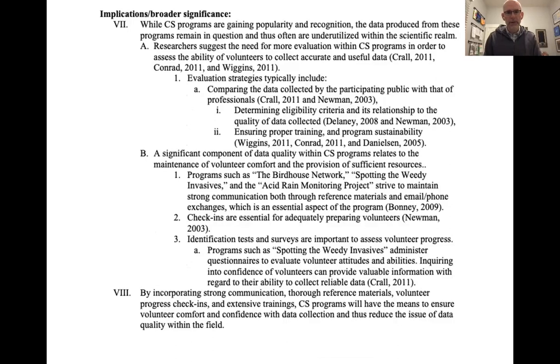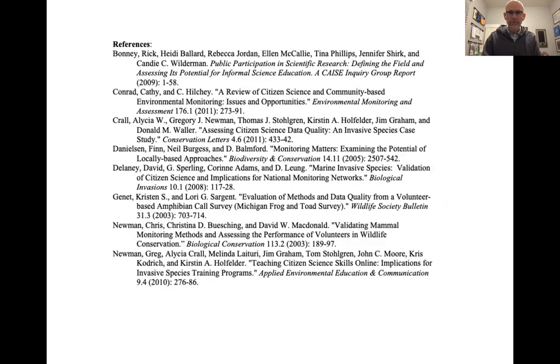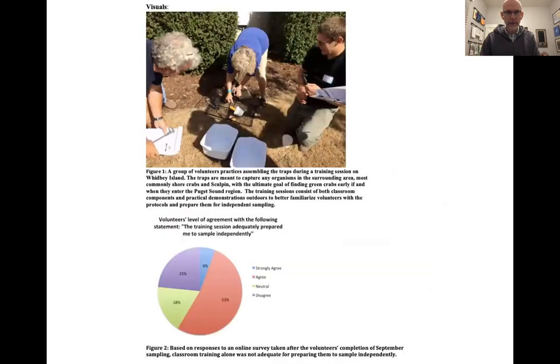Again, implications and broader significance are broken up into a number of paragraphs as well. And the reference section shows all of the references that are incorporated within the various sections of the synthesis outline.